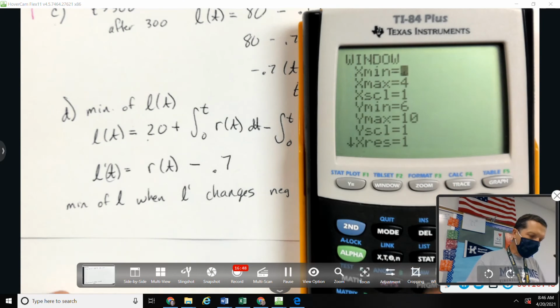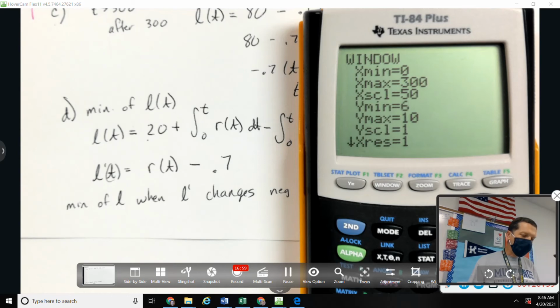Window, well, I know I need to look between 0 and 300. Y scale, who knows? Y min, Y max? There's always at least 20. And we ended at 80.